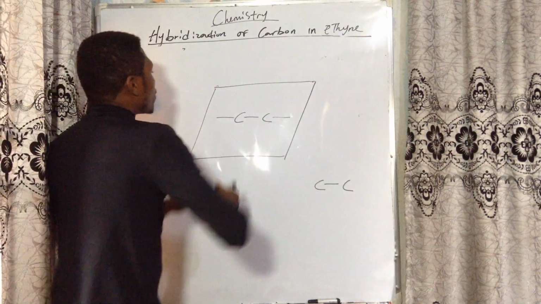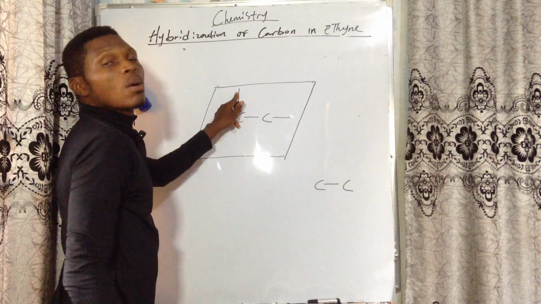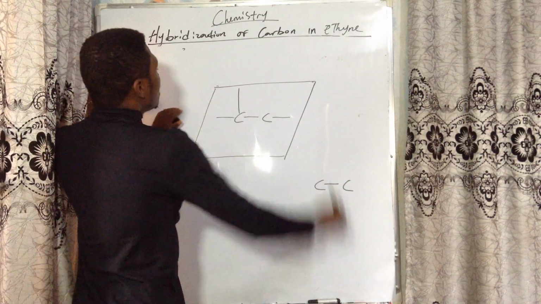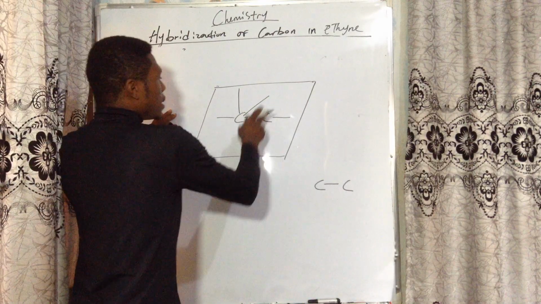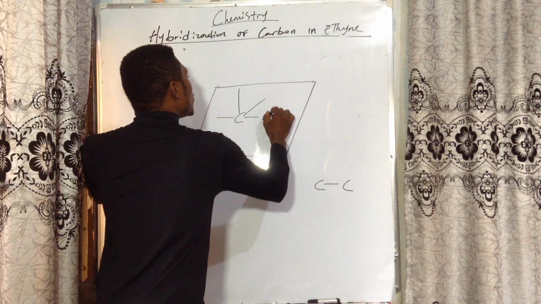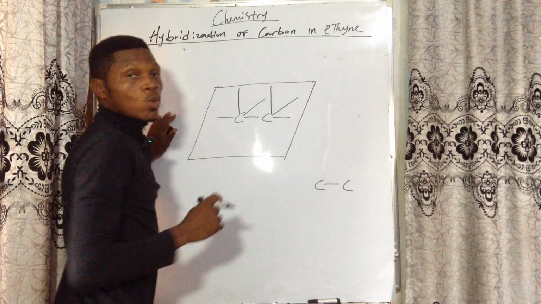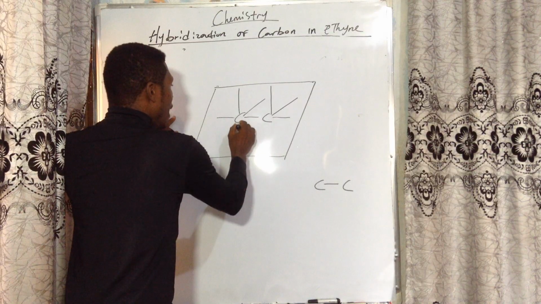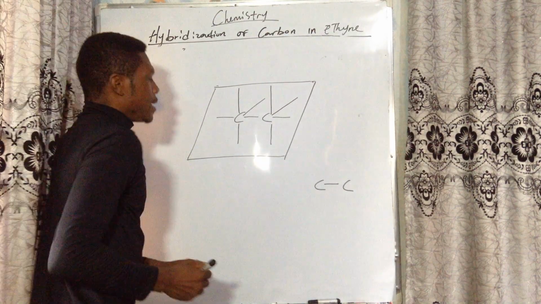This is the pz orbital and this is the py orbital of this carbon. It is above and below.